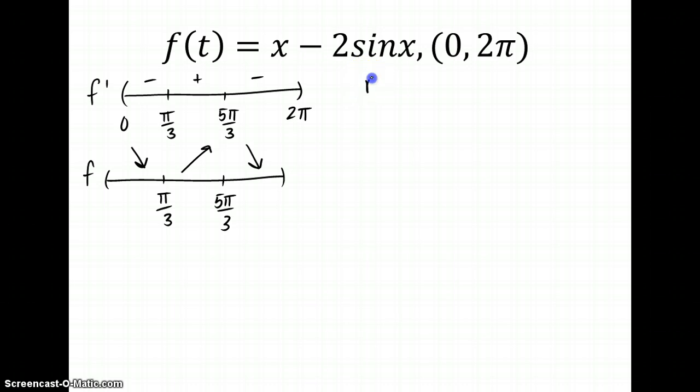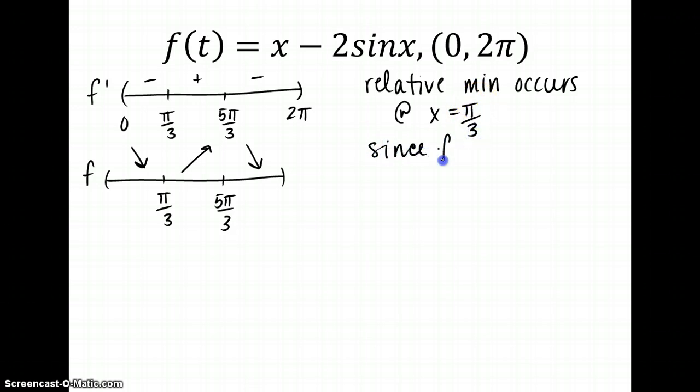So now, a relative minimum occurs at pi over 3, since the derivative switches from negative to positive.